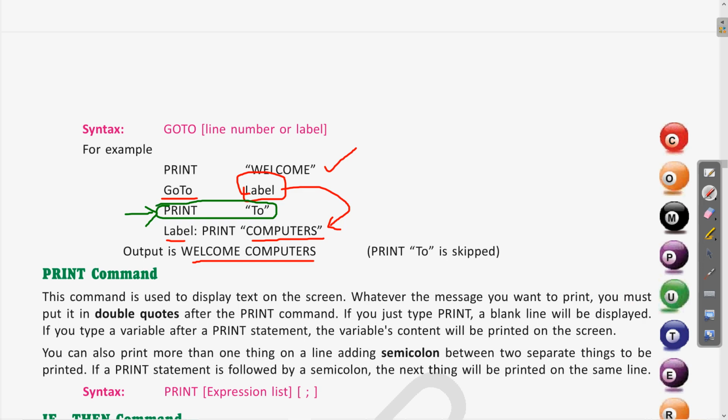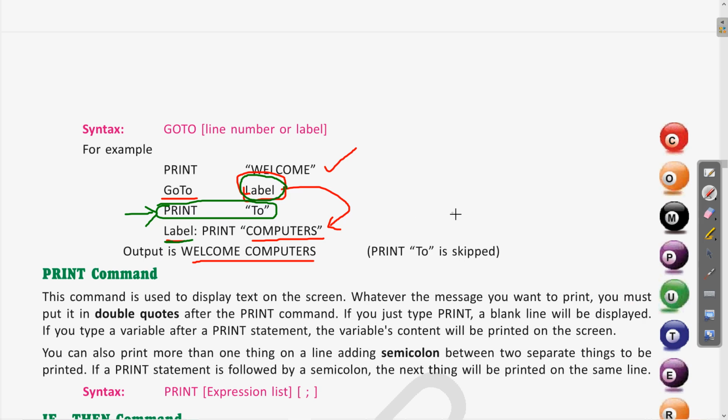So this is the purpose of go to, that if we are running any program, the go to will skip any statement in between and the program execution will go to the next label or whatever line it is. Clear? So wherever it is written label or line number, with the go to, the program control will go to that particular text or that particular line. Clear? So this is the function of go to.